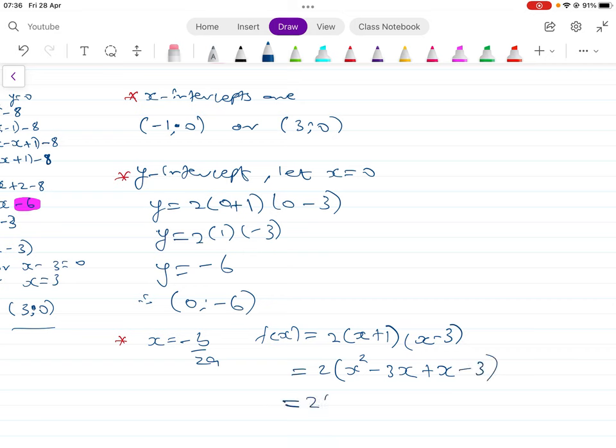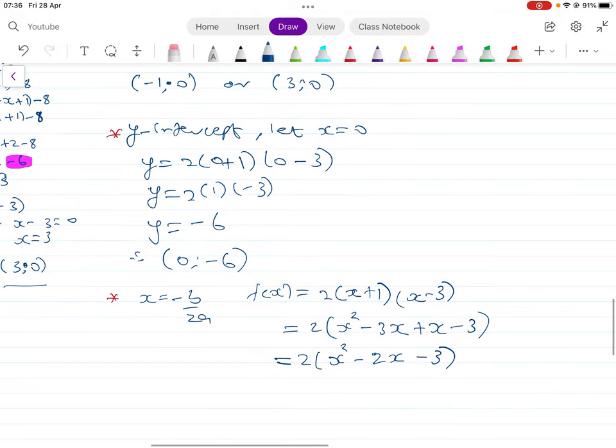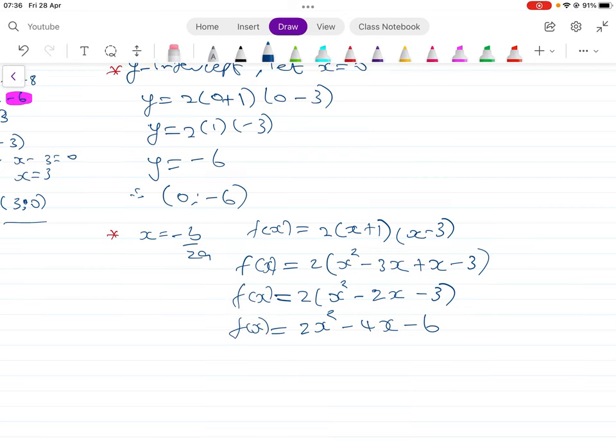So we're going to have 2 into x squared minus 3 and plus 1, that is 1 minus 3, which is minus 2x, I think, and then minus 3 remains alone. So we have that multiplied by 2 throughout: 2x squared minus 4x minus 6. You can see now we are back to the original equation that we started with. Okay, so when we have this, now we can tell for the turning point.